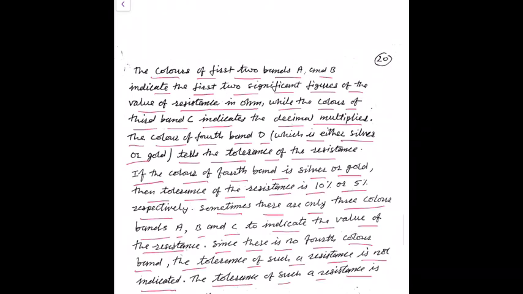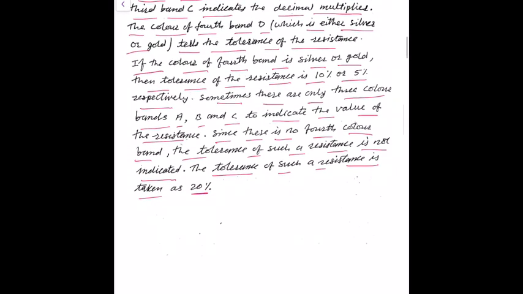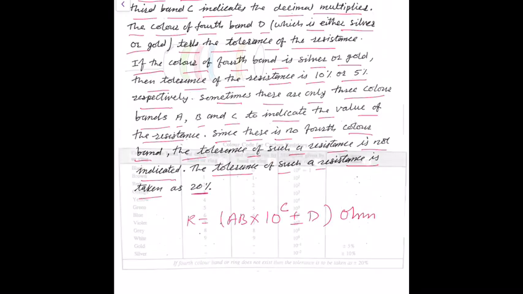The tolerance of such a resistance is taken as 20%. Therefore, the resistance of a carbon resistor is given by R equal to AB into 10 to the power C, plus or minus D ohm.